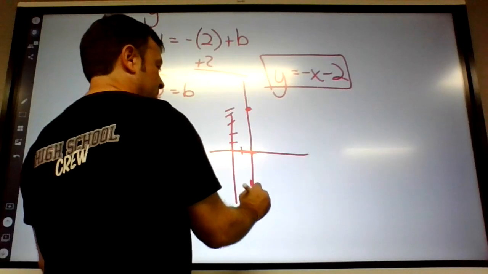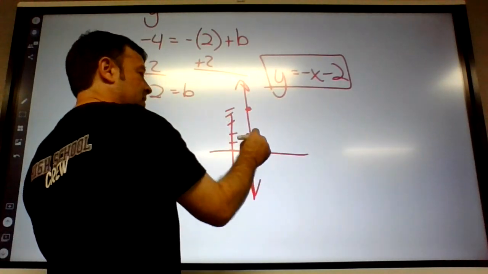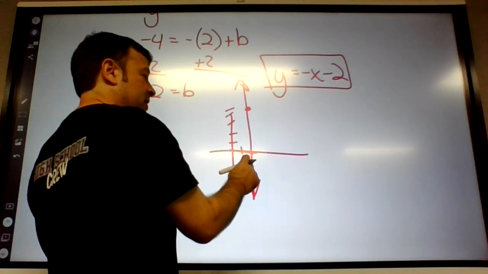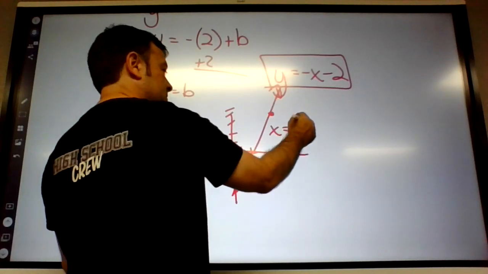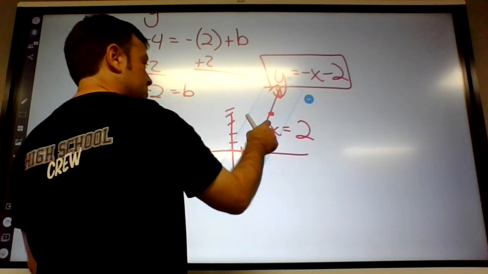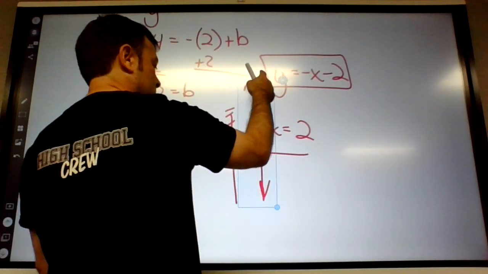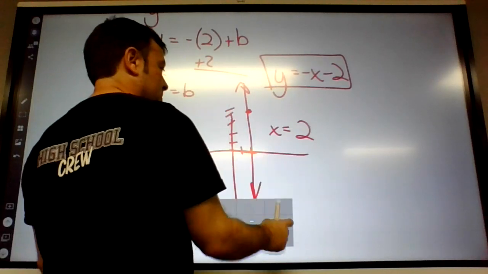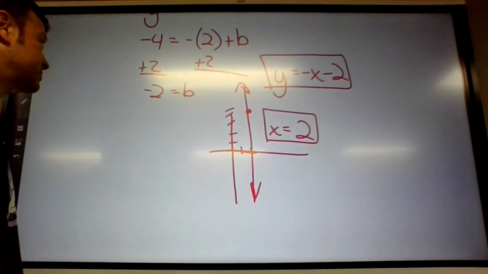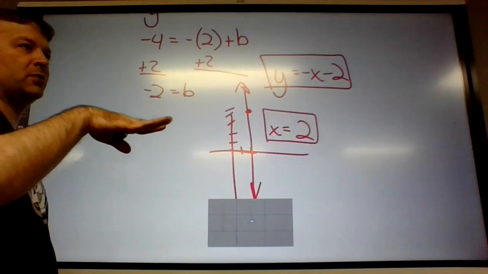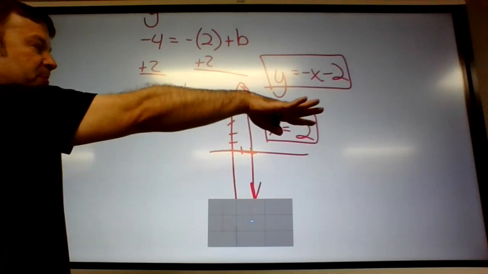So it's a vertical line, and the equation for this line is x equals 2. Where is it hitting the x-axis? At 2. So there's no y equals mx plus b on those. If it was a horizontal line, the slope is 0, and it'd just be y equals something.